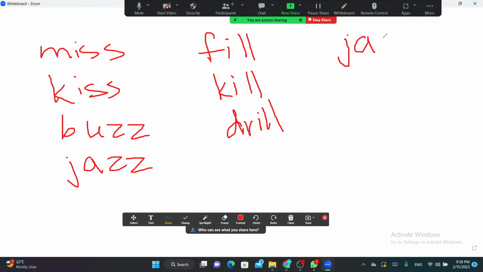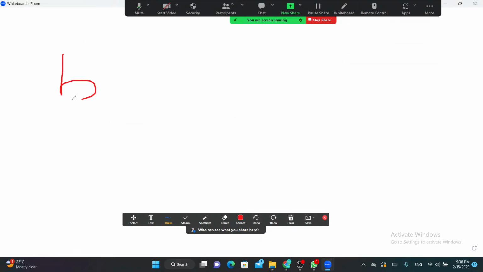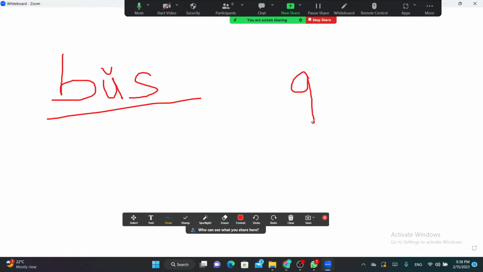There are some exceptions, but whenever you are teaching the rules to kids, don't give them exceptions right away. Let them work with the words that follow the rule. But if someone comes to you saying, you said that we double the S, but look at this, bus, we have a short U, it's saying the sound, and we are not doubling the S. They will come with a textbook in the hand, or they can come with the word gas, or they can come with the word us, right?